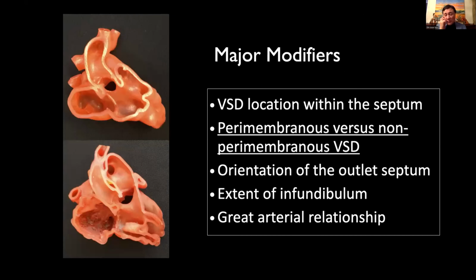What is the problem of the perimembranous and non-perimembranous? So here, perimembranous VSD in morphology, even if you don't see the conduction tissue, if it touches the top of the tricuspid valve, it is a perimembranous VSD, period. If it does not touch the tricuspid valve, that is not a perimembranous VSD. What is the significance of a perimembranous VSD? The conduction axis runs posterior inferiorly here.